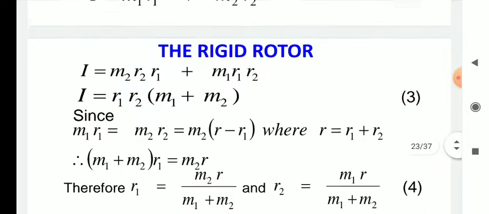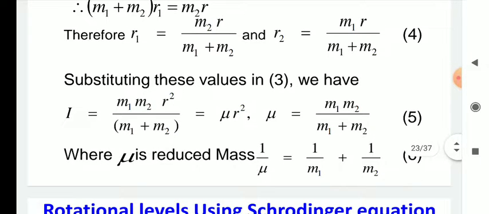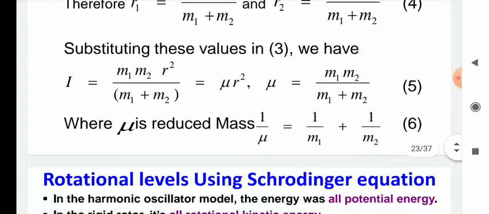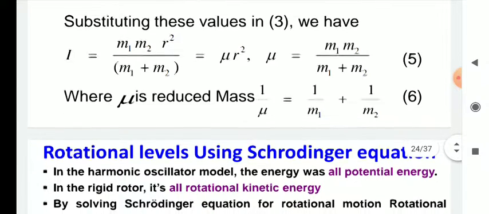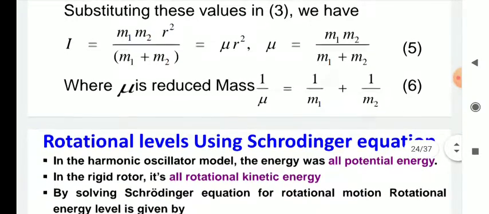On simplification of these two equations, finally we arrive at the moment of inertia of the diatomic molecule in terms of the reduced mass of the system. Hence, from equation number 5, it is observed that the moment of inertia of the diatomic molecule is given by the expression mu r square, where mu is called the reduced mass of the system, and that is equal to m1 m2 divided by m1 plus m2.